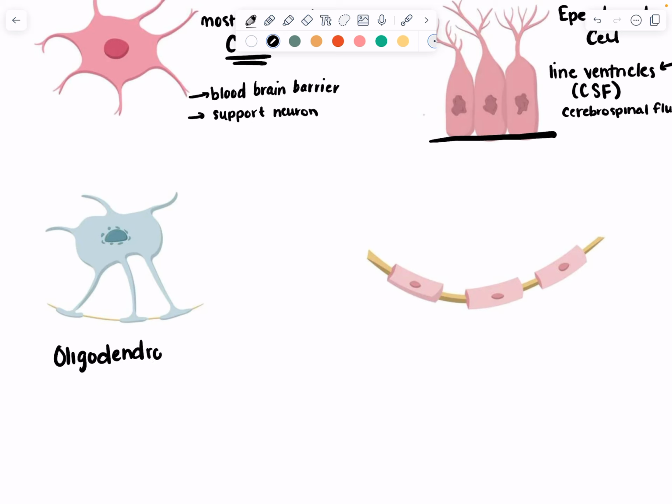That's why spelling doesn't always count. And then this one over here is my Schwann cell. What they are both doing, and you can see that in this image here, is creating those myelin sheaths. So both of their functions are to myelinate.